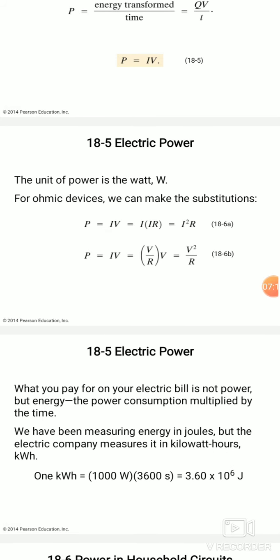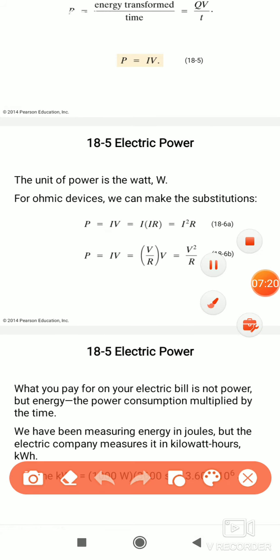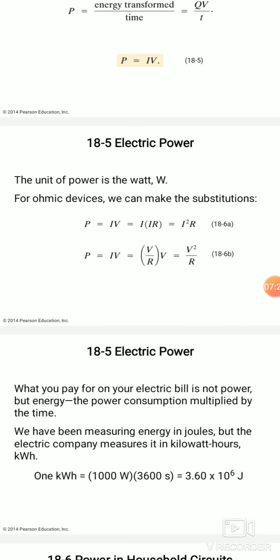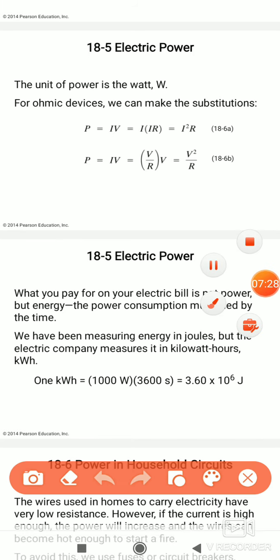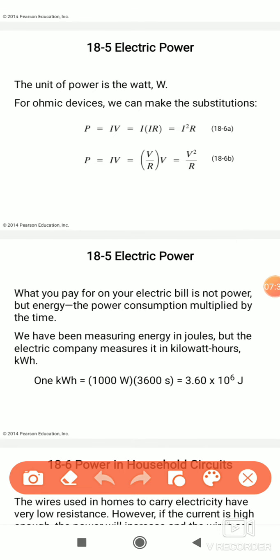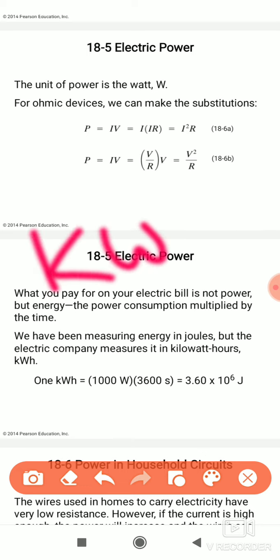And for electric power, we get a relationship between joule and kilowatt hour. 1 kilowatt hour is what you pay for on an electric device bill, the power consumption multiplied by the time. The commercial unit of electric energy is kilowatt hour.